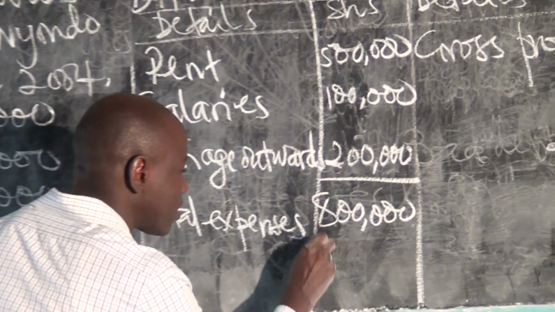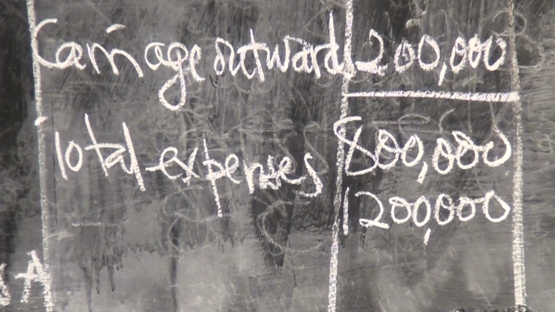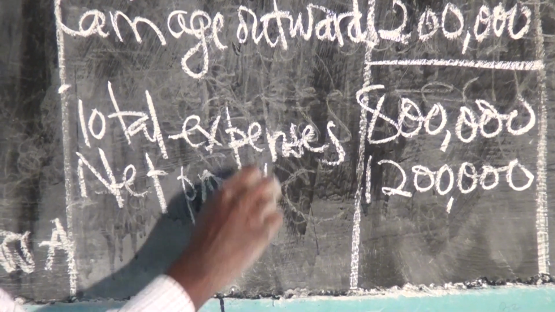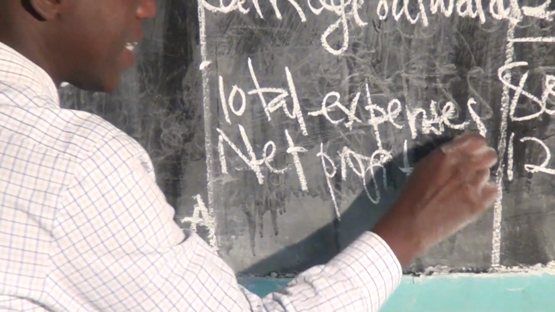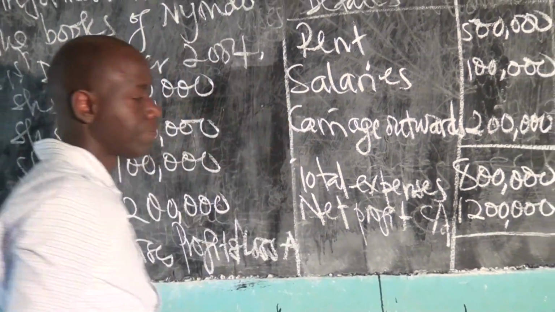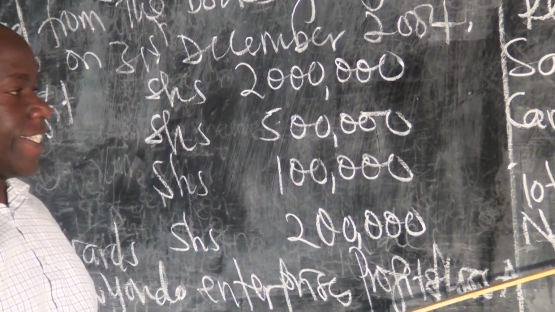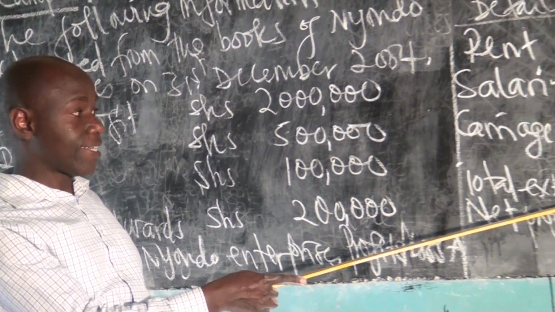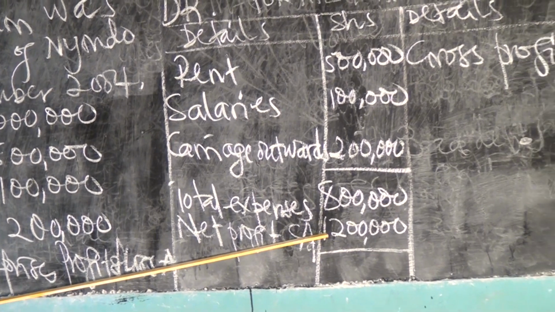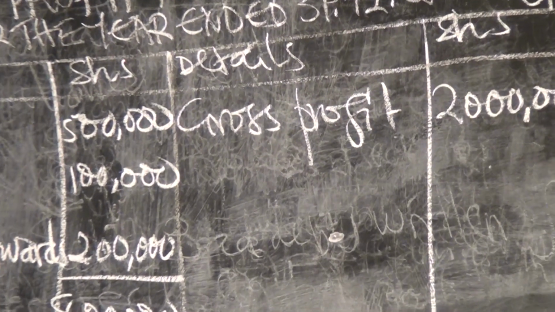And we're going to write it on this other side. 1,200,000 is our net profit. We shall call it net profit carried down. It is the language of accounting. So we try to balance the two sides. If you add these expenses, we are balancing the two sides. Expenses, the 800,000 plus 1,200,000, you go back to 2 million.